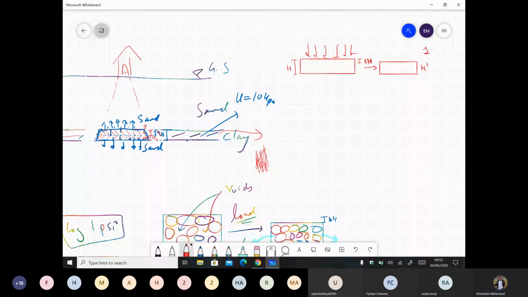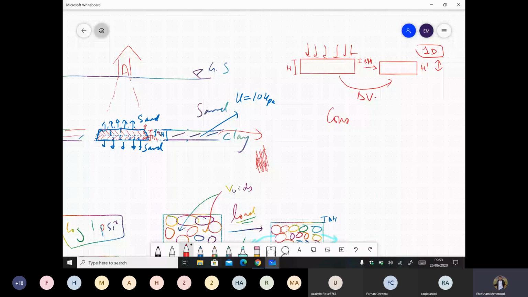In real life, actually, there is a change in volume. If you remember the definition of consolidation, we said that there is a change in volume under sustained loading due to removal of water from the pores. And if we talk about the consolidation test, let's assume that this is the setup of the consolidation test.